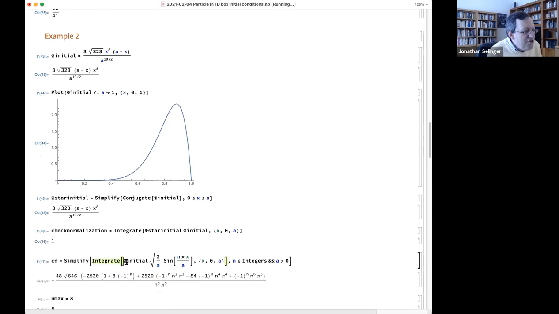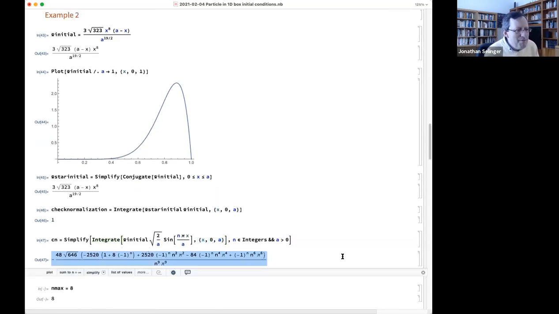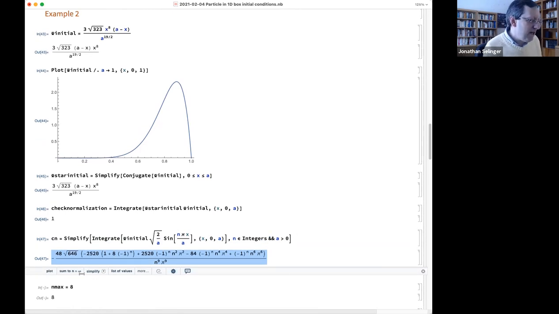So we take this initial state multiplied by psi n star, integrated for x goes from 0 to a, again with the assumptions that n is an integer and a is positive. It's a messy integral, but Mathematica can do the integral. So there's an answer for the integral for every possible value of the integer n.